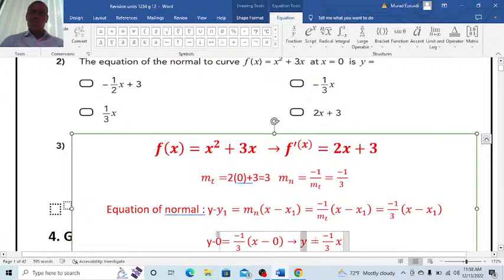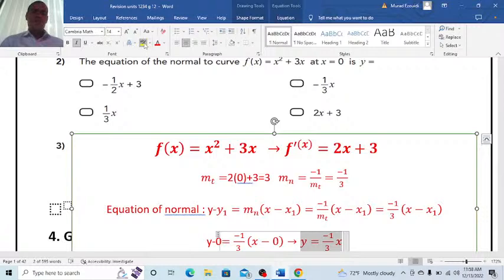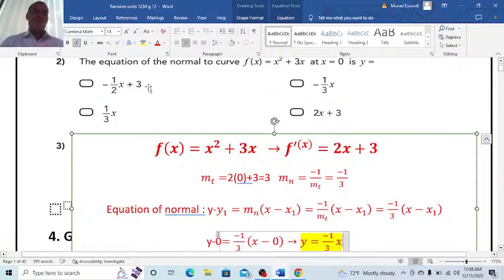This is, my learners, the correct answer. So if you see the options that are given, we have y is equal negative 1 over 2x plus 3, or negative 1/3 x, or 1/3 x, or 2x plus 3. Therefore this one is the correct answer, my learners.